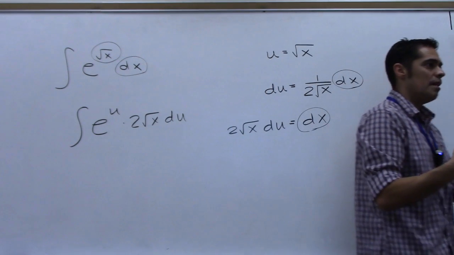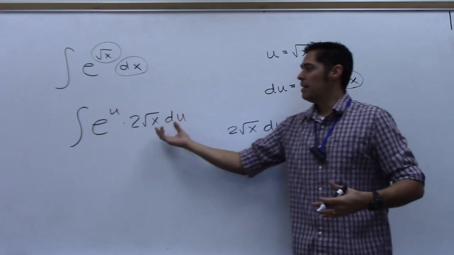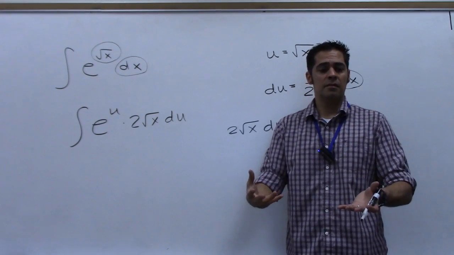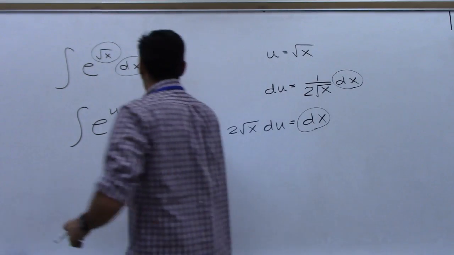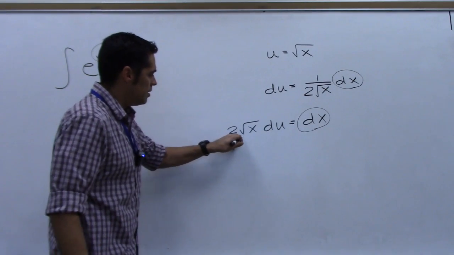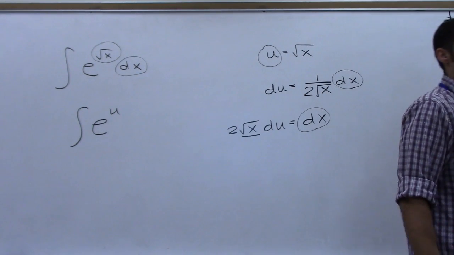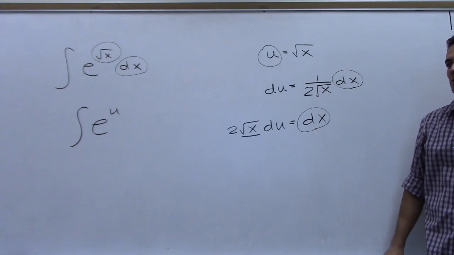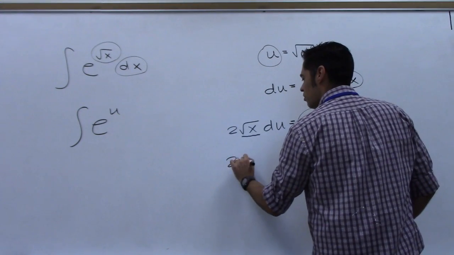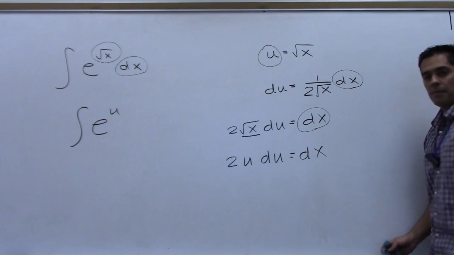And I told you that the whole idea of rewriting the integral is to be able to get rid of the x and turn it into u, right? But that's not going to be a problem because what is root x? U. It's u. And so we got lucky. That root x is u. And so this actually becomes 2u du is dx, right?